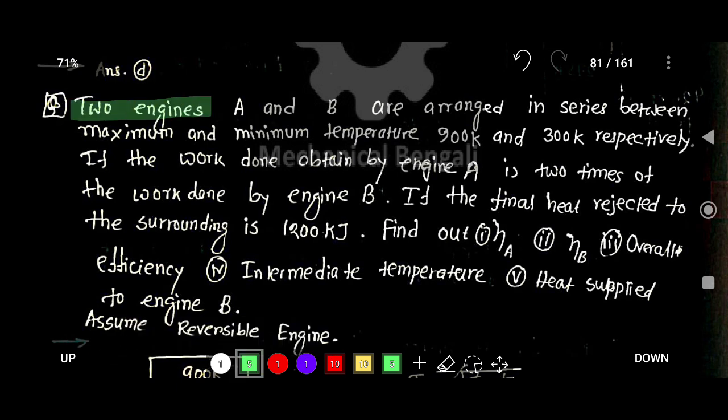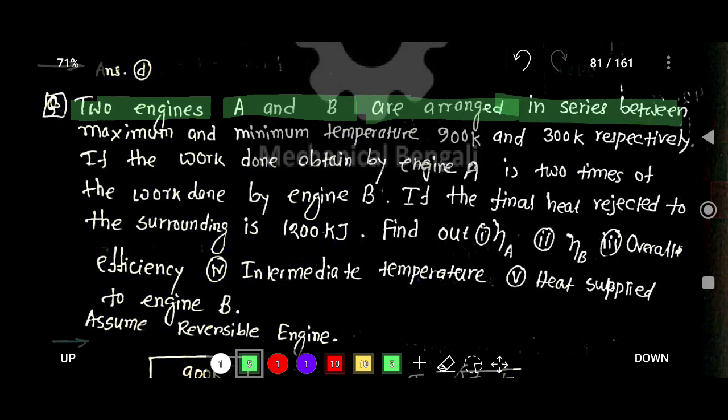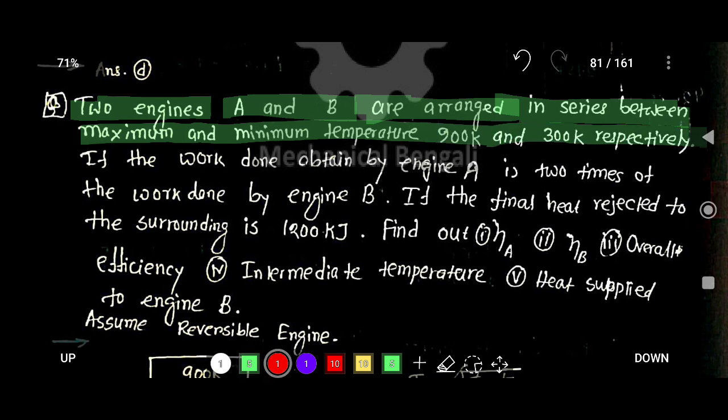Two engines A and B are arranged in series between maximum and minimum temperature, that is 900 Kelvin and 300 Kelvin respectively. So maximum temperature is 900 Kelvin and minimum temperature is 300 Kelvin.